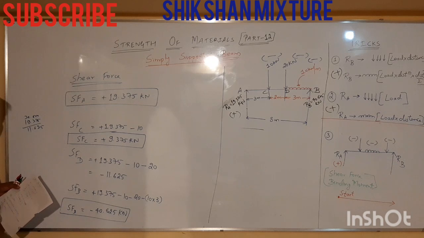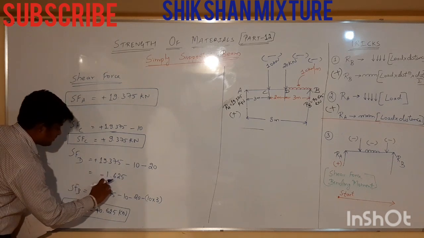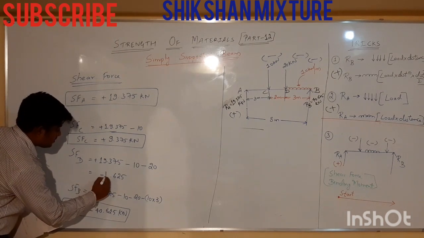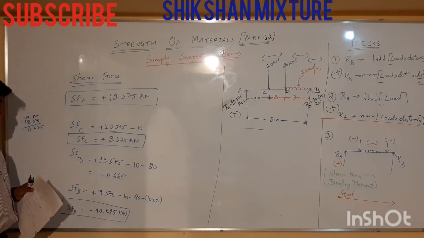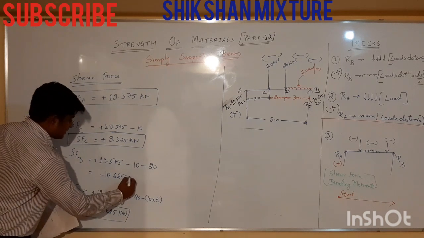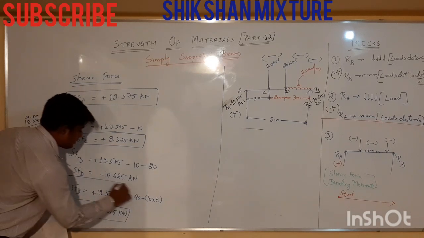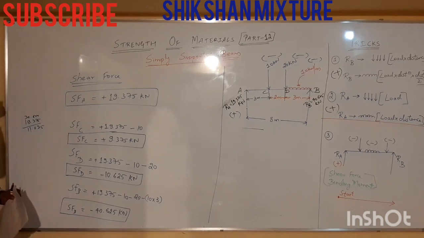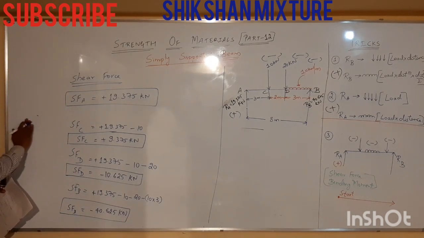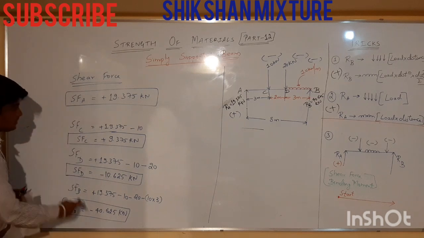It is 11. No, it is 10.625. Minus, it is correct. Minus kilonewton. Shear force at D. Yes, it is minus. Over with this.